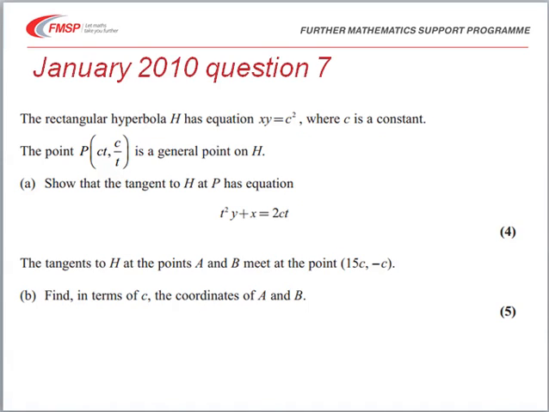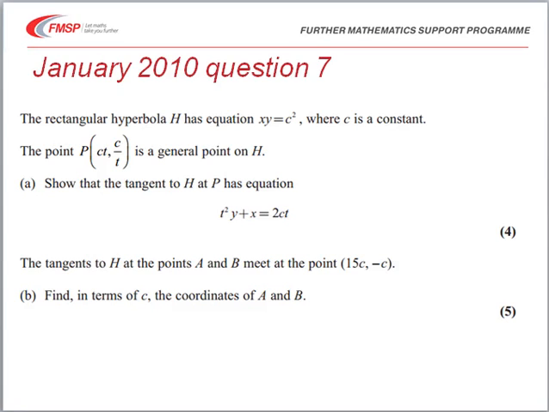The question starts by giving us the general equation of the hyperbola xy equals c squared and a point in parametric form on that hyperbola, so the parameters ct and c over t, the coordinates x and y. We're asked then to show that the equation of the tangent to the hyperbola at this point is given by t squared y plus x is equal to 2ct.